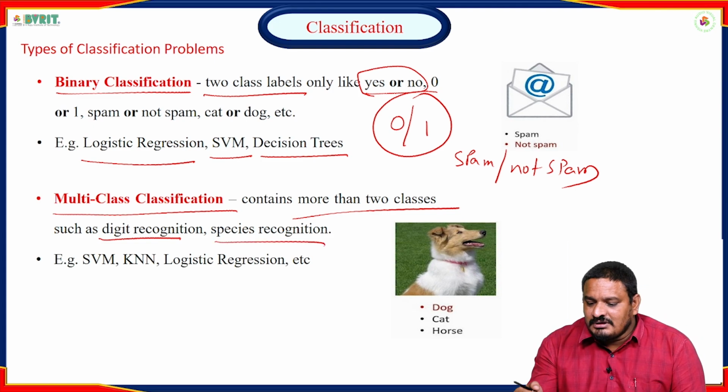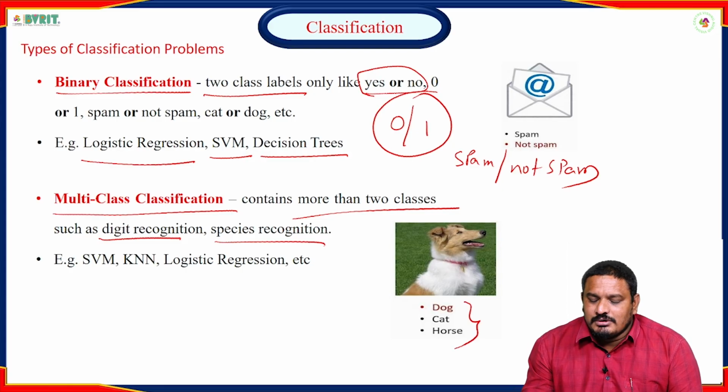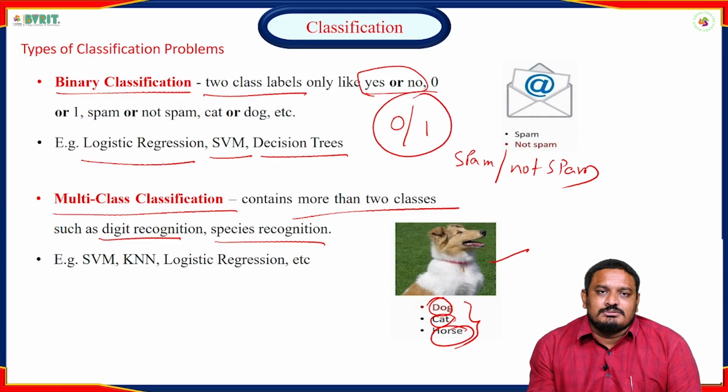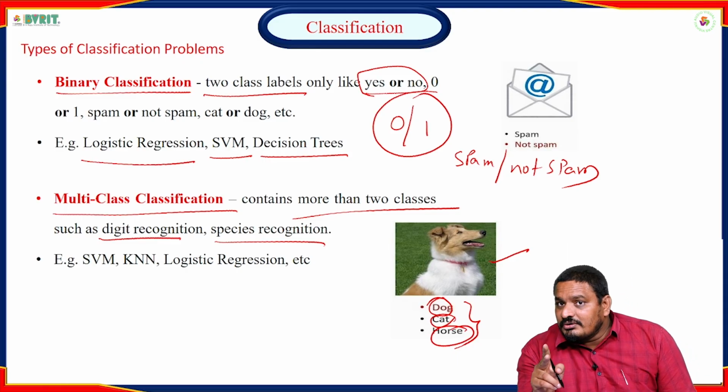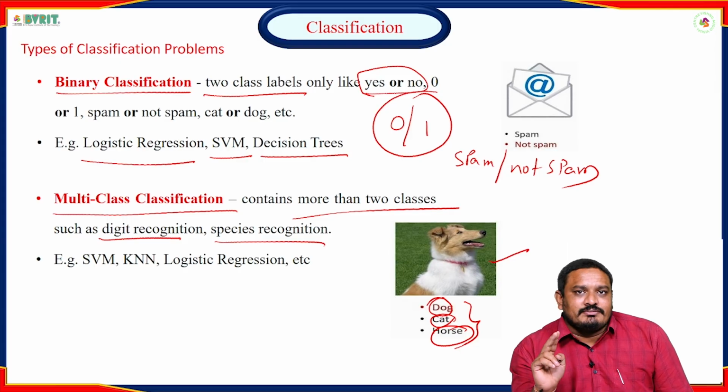See this diagram. The dog is there. We are assigning 3 labels, more than 2 classes. Whether the image is a dog, a cat, or a horse. Only more than 2 classes.